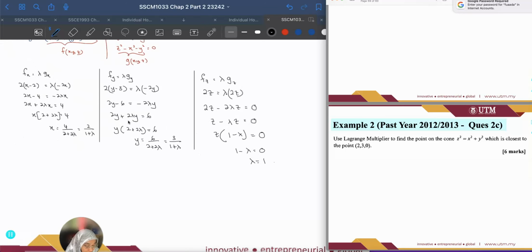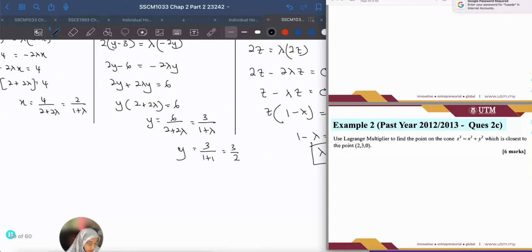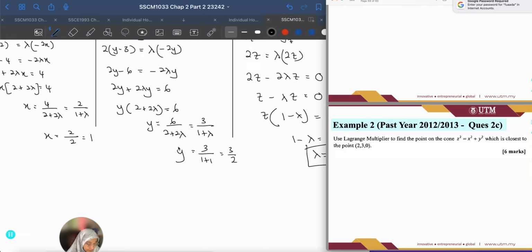When you have this result, then you can plug into x and y. Then y is 3 over 1 plus 1, you got 3 over 2. And x here, 2 over 2, you got 1. So you got x equal to 1, y equal to 3 over 2, and lambda equal to 1.